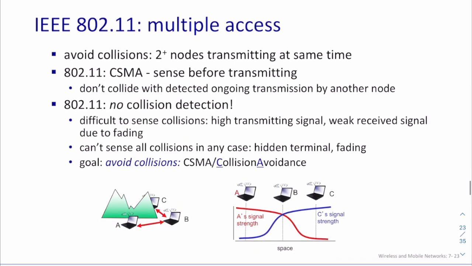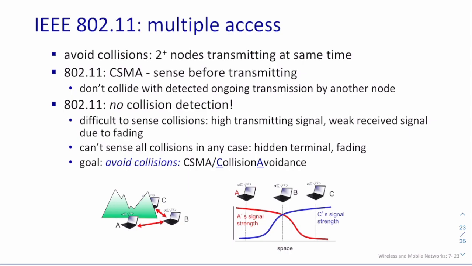Okay, and again, as I mentioned many times, multiple access is a very important thing we should handle in wireless protocols. Okay, so the left figure we have shown you, right?